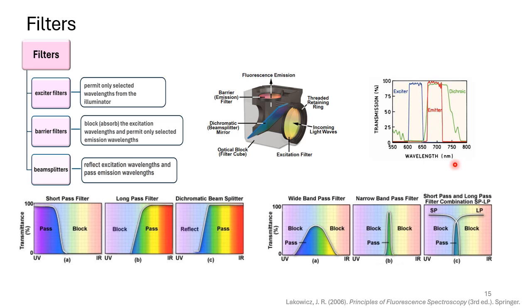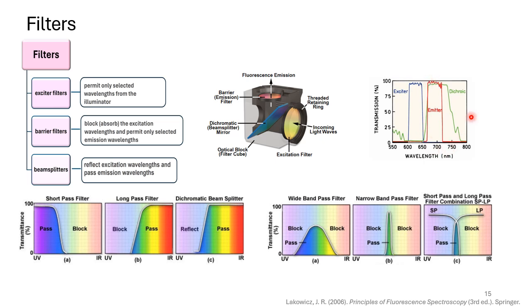From this graph it is easier for us to understand that this exciter filter only allows the exciter wavelength, whereas this emitter filter blocks this exciter wavelength and only permits the emitter wavelength.